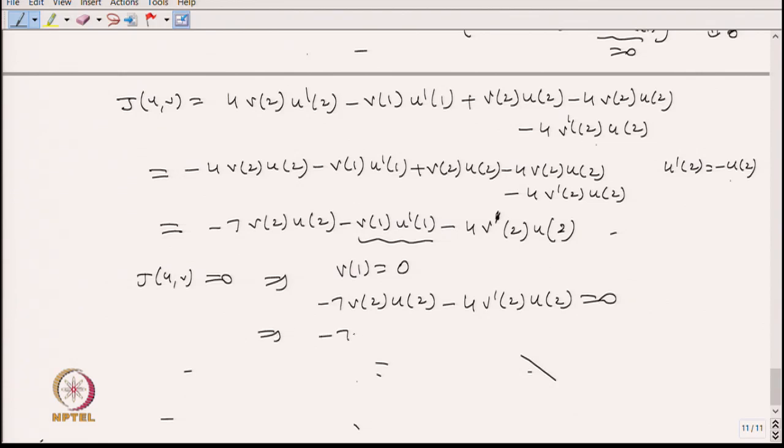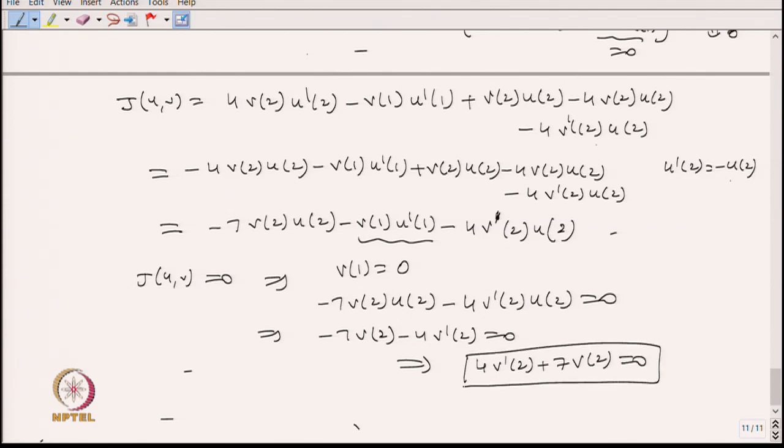From here I will get minus 7 v2 minus 4 v dash 2 is equal to 0, because I do not know anything about u2, I do not want it to be 0. So, I get the condition that 4 v dash 2 plus 7 v2 equal to 0. So, this is another boundary condition I got.